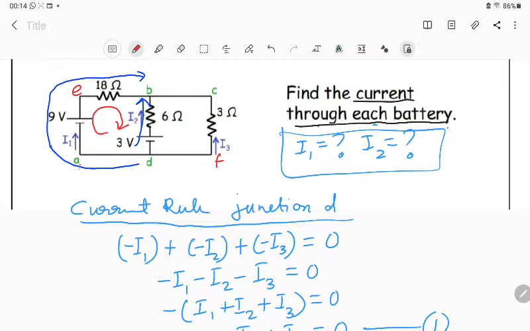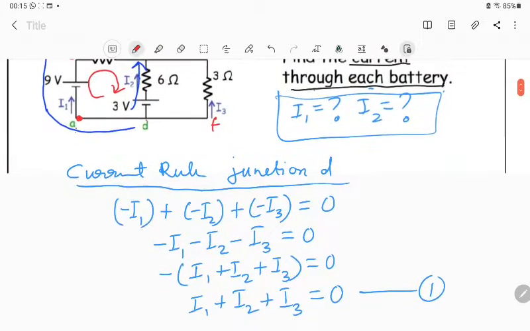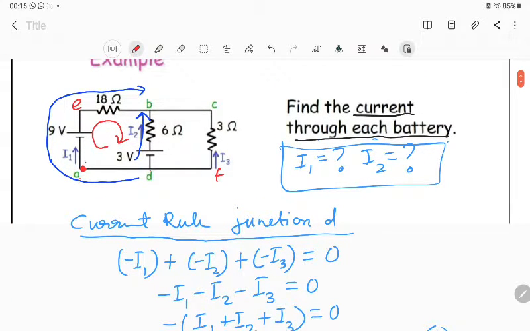Now I am starting from A. I'm saying you can start at any place. Here A is there, so I'm starting from A, and I'm moving like this.